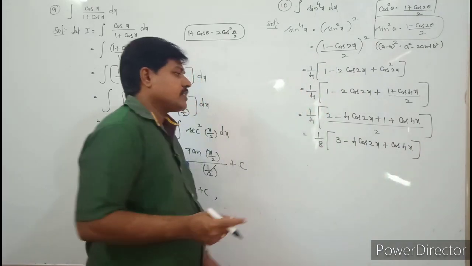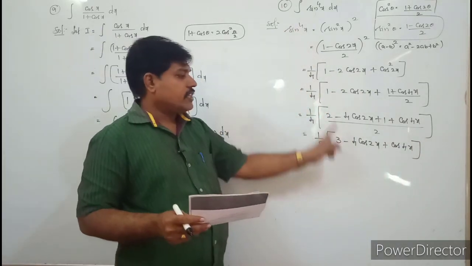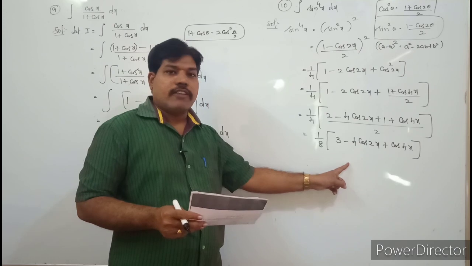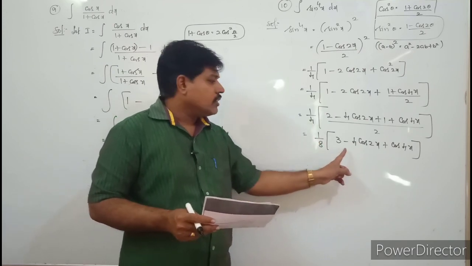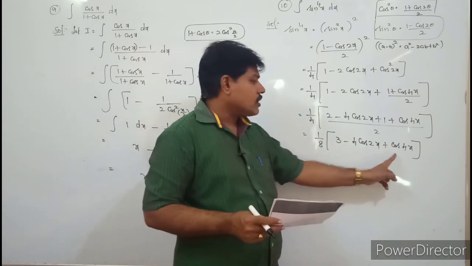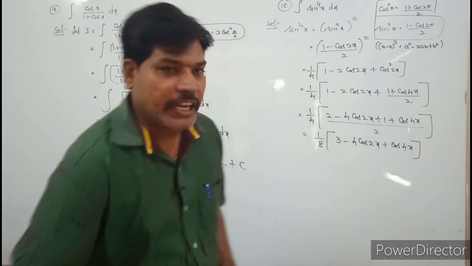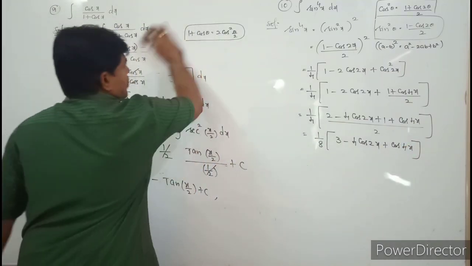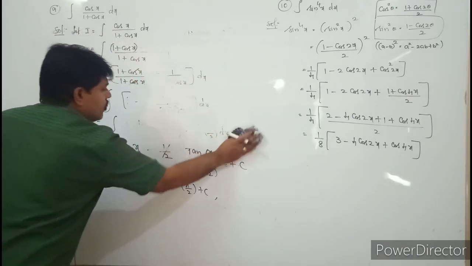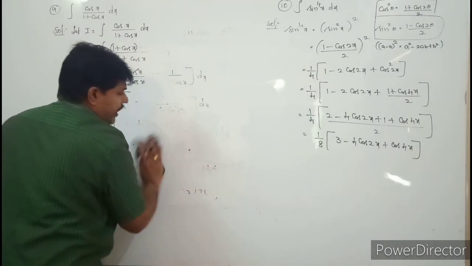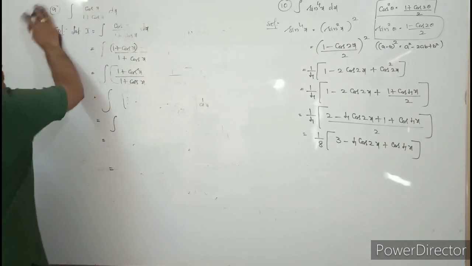So see that, students. The sine power 4x value is 1 by 8 into 3 minus 4 cos 2x plus cos 4x. So it is easy to integrate the given function here. Take the problem. What is the problem? We will take it as I.